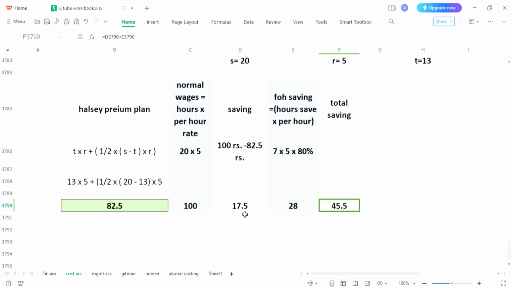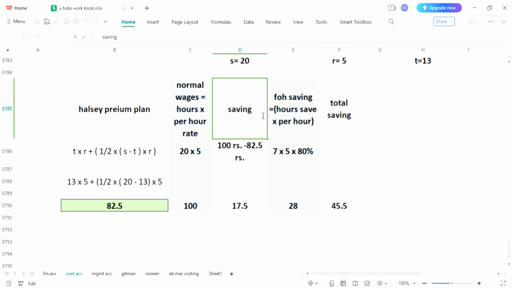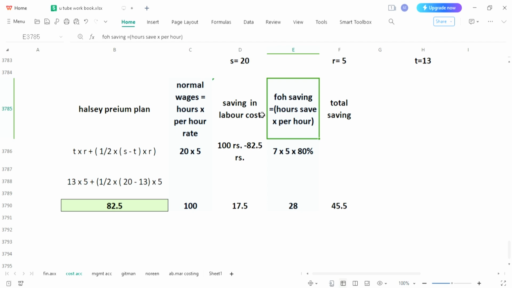Secondly, you will have to follow your FOH as well. This saving includes bonus hours as well. But here you will calculate your FOH saving separately, because this is saving in labor cost, okay, let me mention over here. This is saving in labor cost, and here you have calculated the next saving in FH.